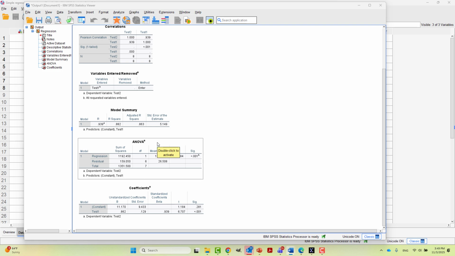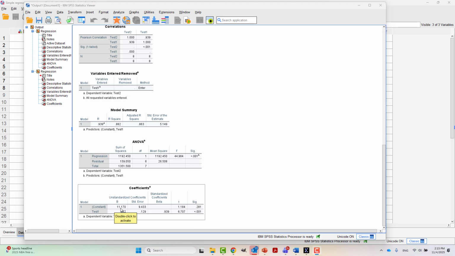With a statistically significant regression model, we then check the test of significance for the independent variable, beta equals 0. In the coefficient table, we see t equals 6.707 with a p lower than 0.001.